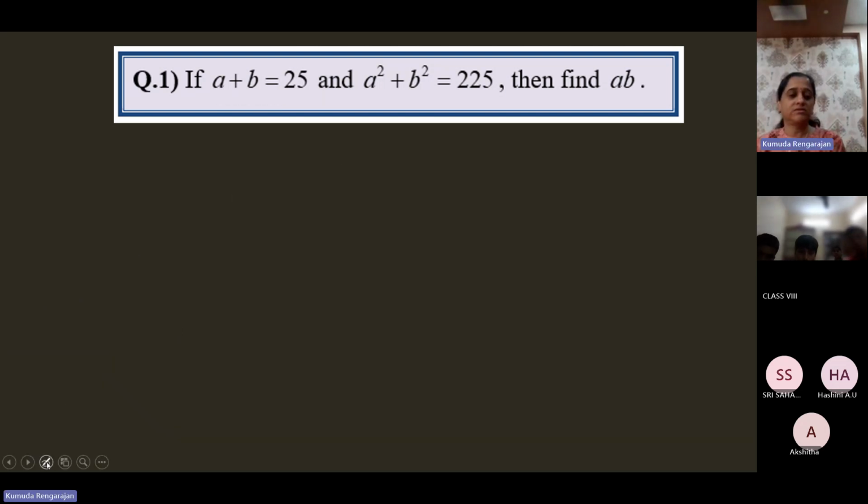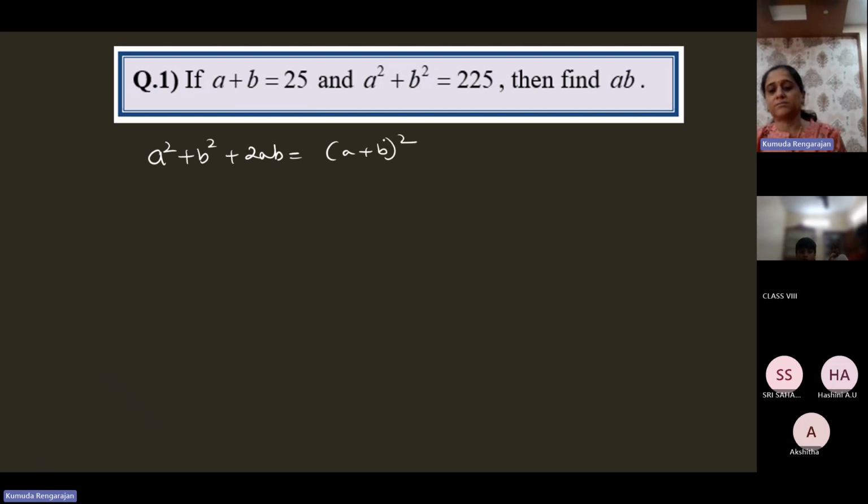The other method is you have to write an identity that involves these expressions a plus b, a squared plus b squared, and ab. And the identity is a squared plus b squared plus 2ab is equal to a plus b the whole square. You must write this identity. How do you identify this one? Because this identity has all the expressions in the question.